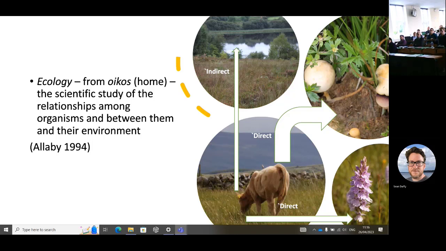So the cow patch with all the little fungi and bacteria and dung beetles growing there, directly they're having an impact on whether things can flower and set seed, and what time of year. And indirectly, they're having an impact on the water quality surrounding us. So ecology is a phrase that says, how do we look at all of that together? How's that all interacting together?